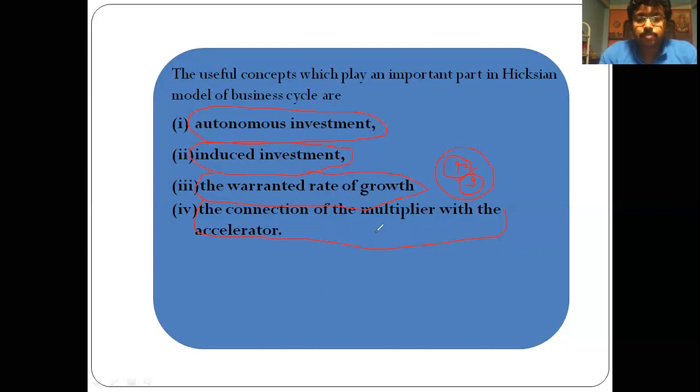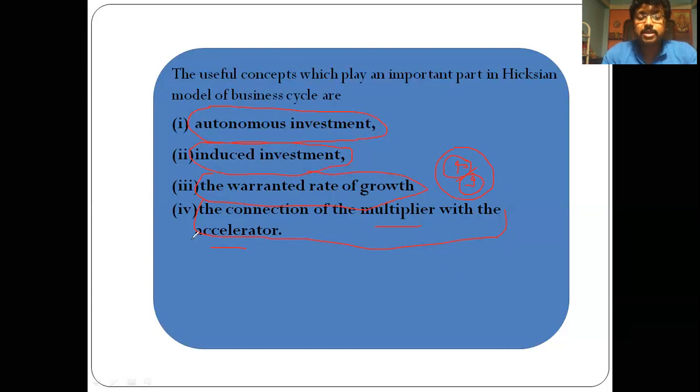The connection of the multiplier with the accelerator. What is multiplier and what is accelerator? If there is an increase in autonomous investment, income will increase through the multiplier.